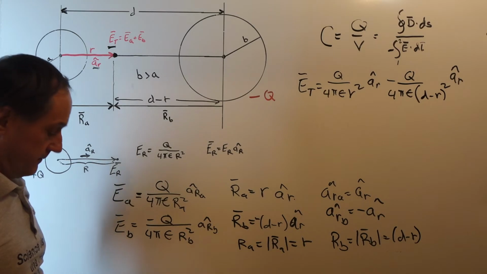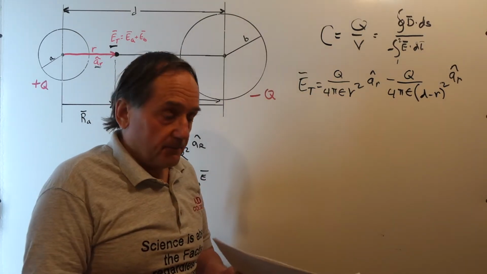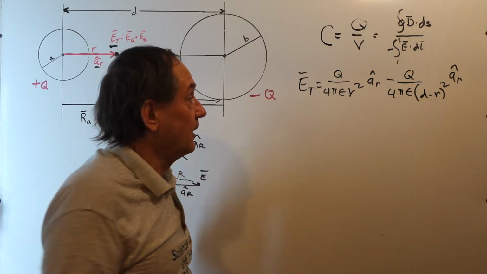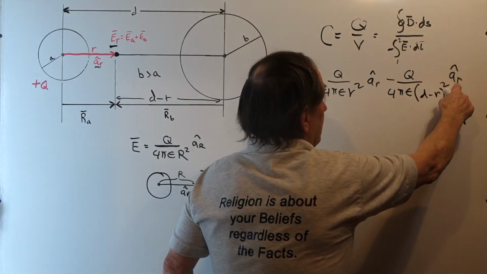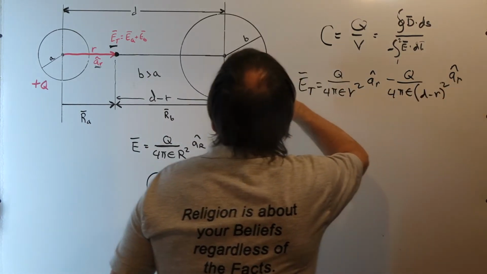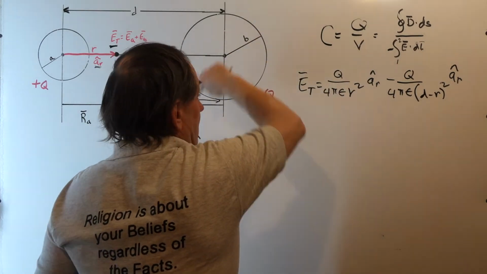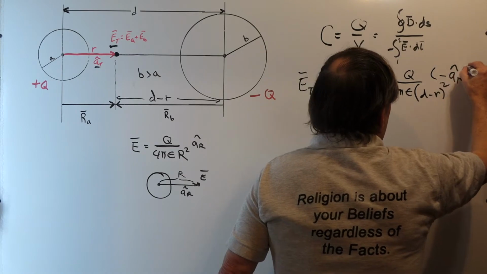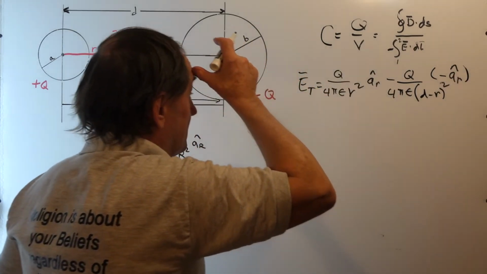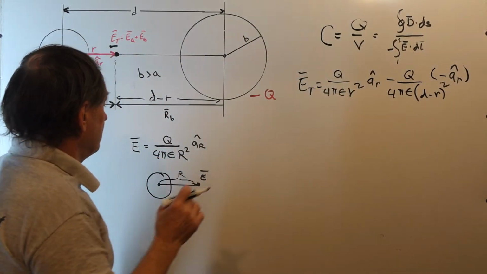I need to make a slight correction here. I put the wrong value down for the radial vector. The radial vector for the larger sphere, which has a minus charge on it, is in the minus AR direction. In case you missed that, I'll show you here.